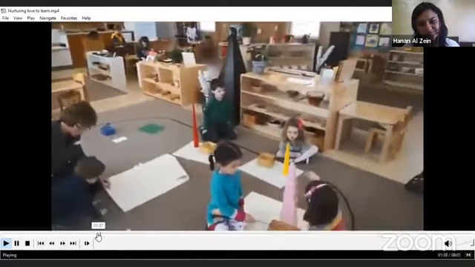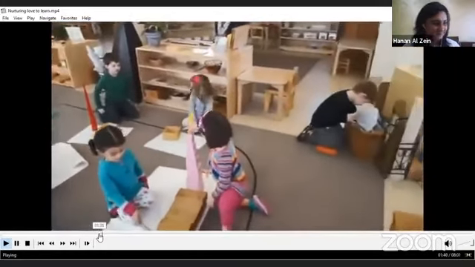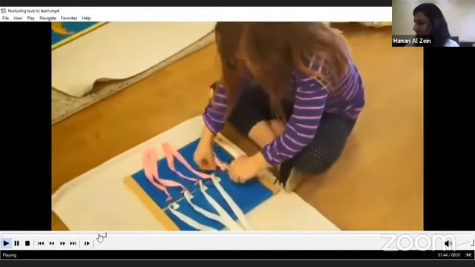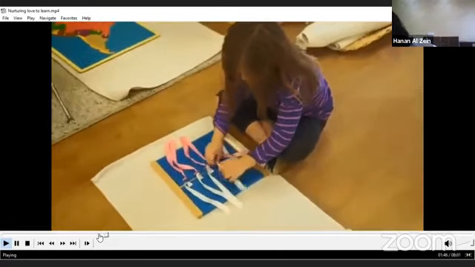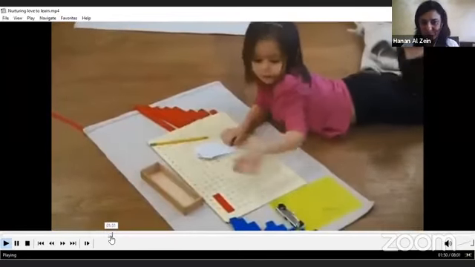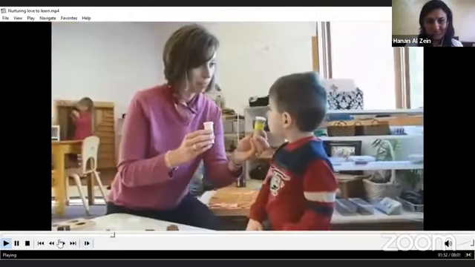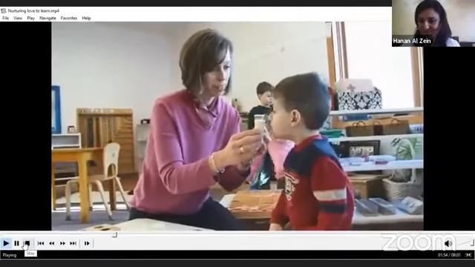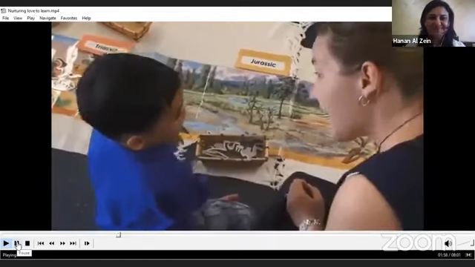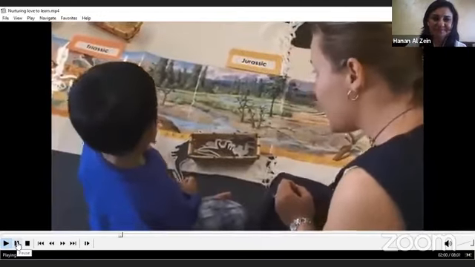It doesn't take long to realize a Montessori classroom is different from most other classrooms. The children are actively engaged, working independently. A closer look reveals each child is involved in working with hands-on materials that stimulate all of his or her senses. Materials that communicate complex concepts in a concrete way.